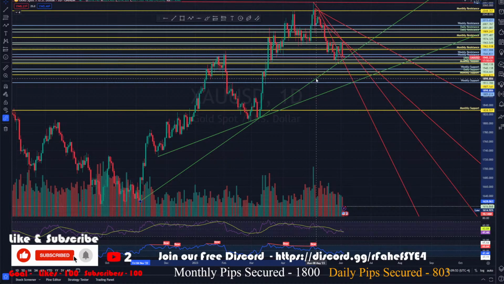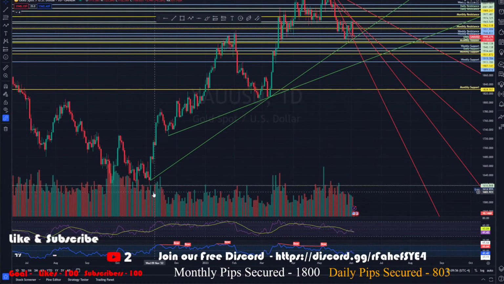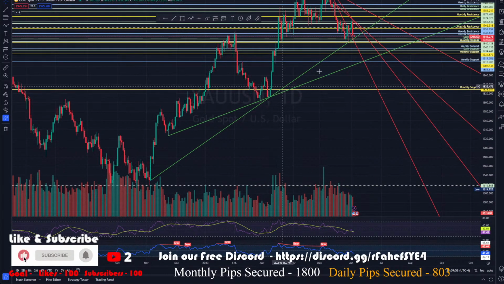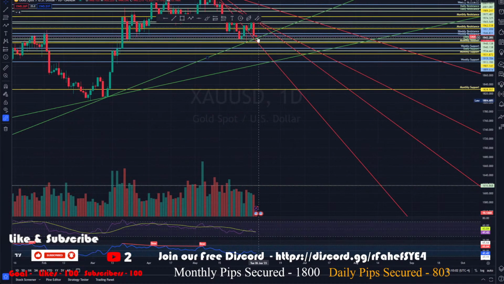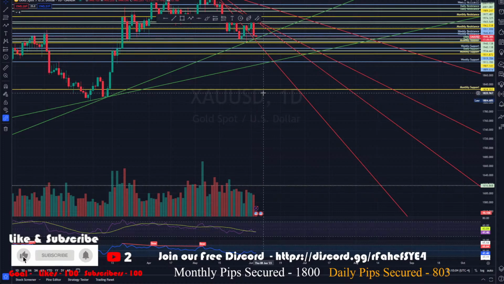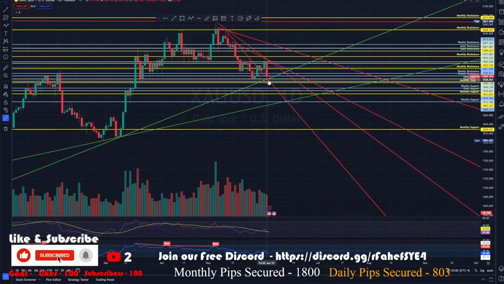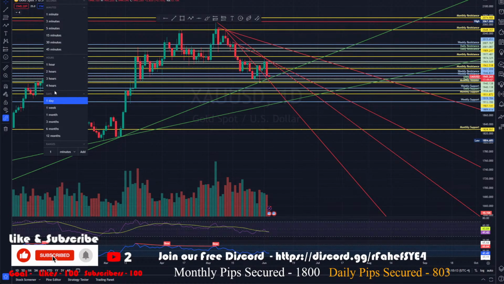Okay, now look at this. 1, 2, and 3 confirmed. Headed back towards the bullish trend line, and price can go above. So now you have identified a reversal area. So we have identified a zone where price has the potential of reversing.